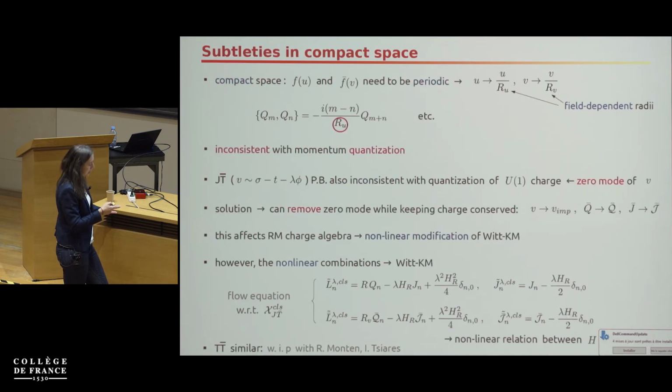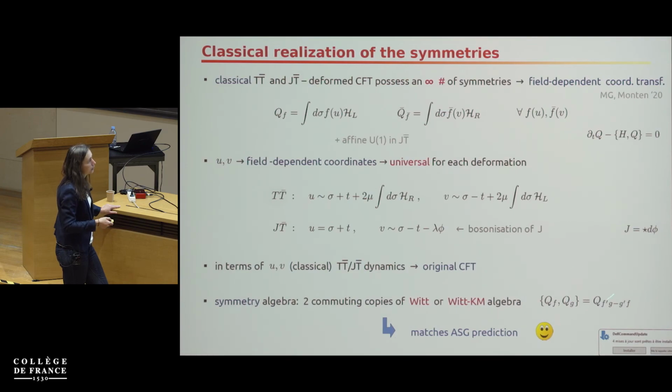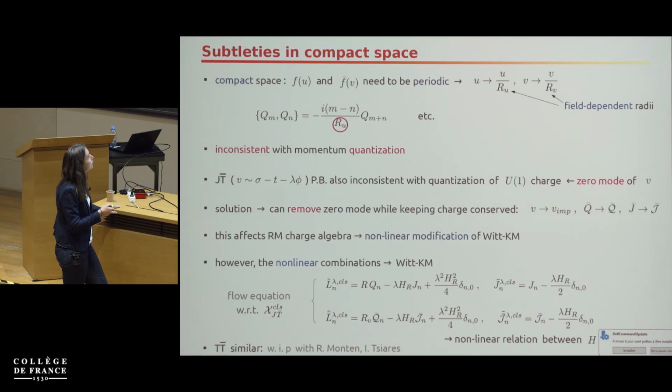Okay? And given that the algebra was something like this, the radius explicitly pops up in the Witt algebra when written in terms of Fourier modes. And this is really bad. And you have something similar on the right movers, because this field-dependent radius appearing there is inconsistent with momentum quantization.